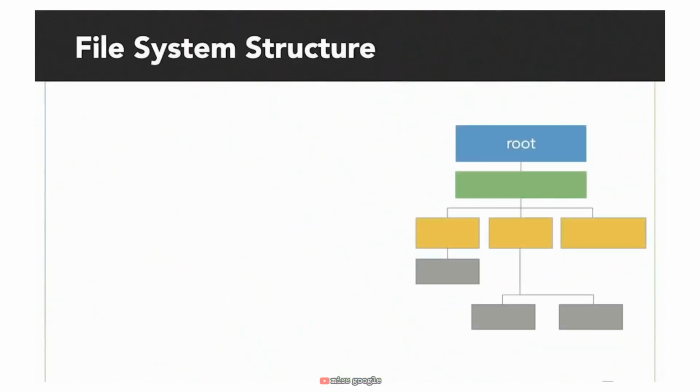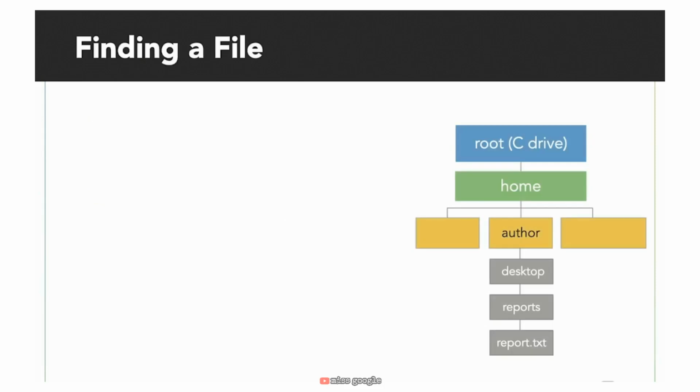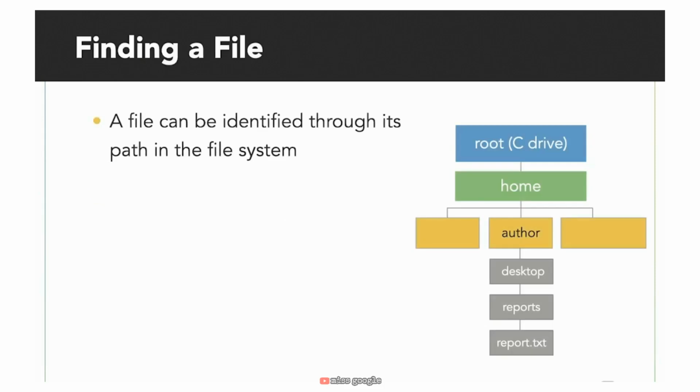Most file systems store files in a tree or hierarchy structure. At the top is one or more root nodes. Under the root node, there are files and folders, and each folder can contain files and subfolders. Folders are often called directories in Linux and Unix systems, so you'll hear these words interchangeably in the course. A given file is identified through its path in the file system, starting with the root node.